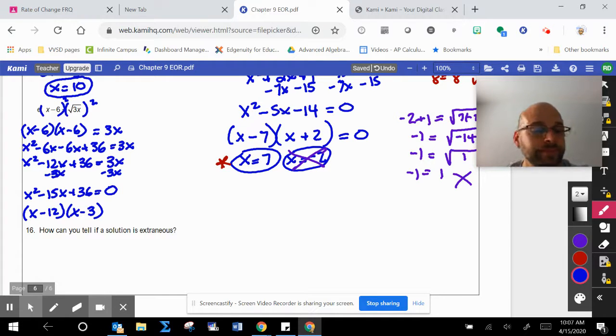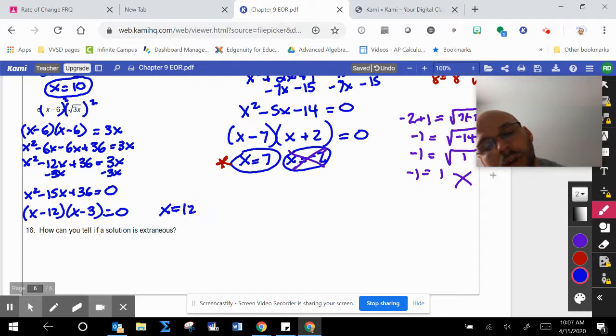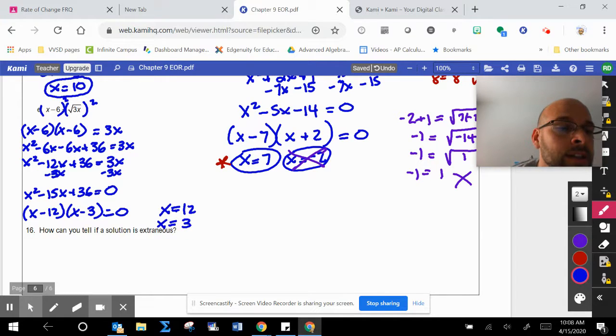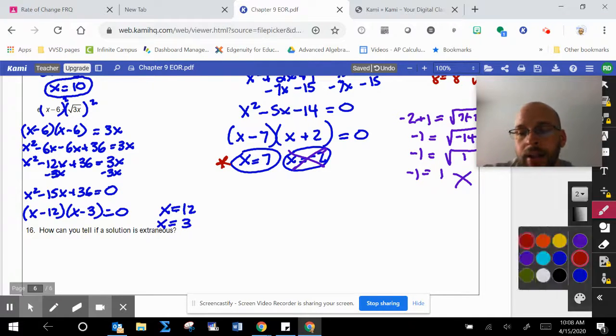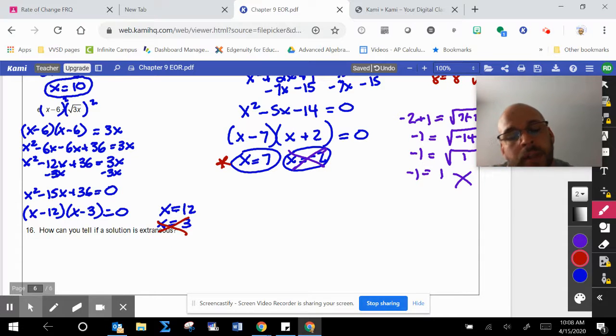That equals 0. And that gives me the answers of 12 and 3. Now, if I plug those both in, you are going to get the answer of 12 to be a solution, but the answer of 3 is going to be extraneous.